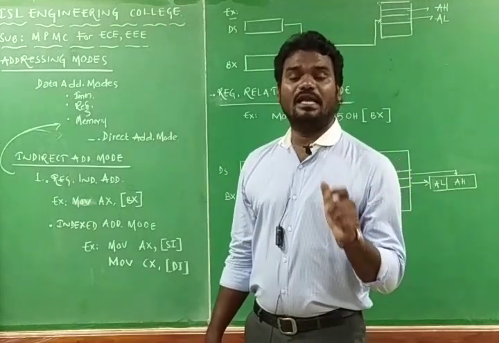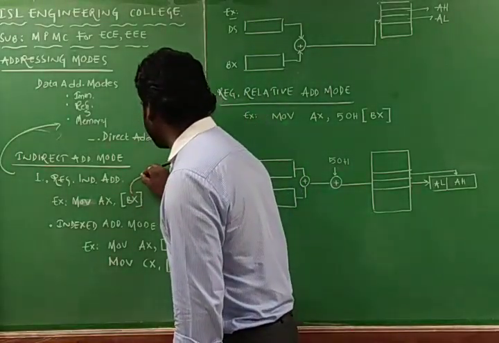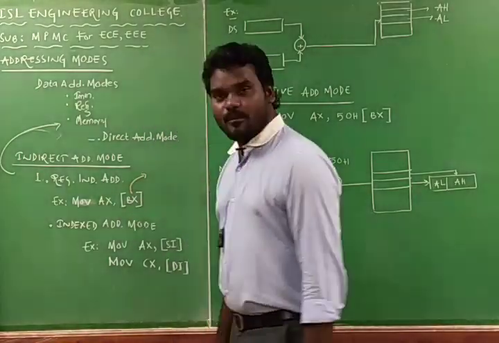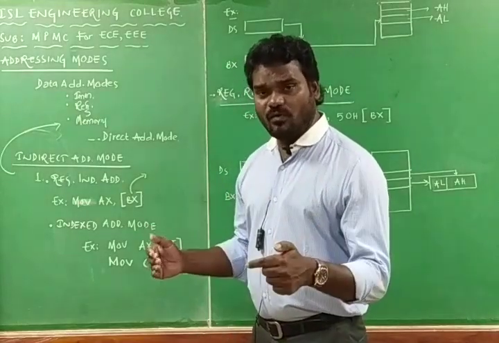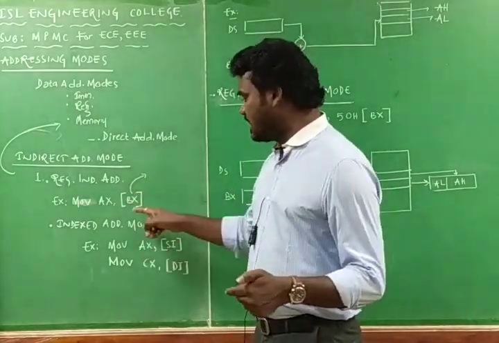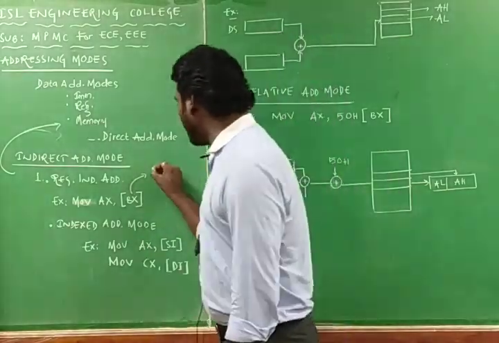That means it is giving the effective address or the offset address. This BX is a base register, 16 bits wide, and for this instruction we can find the offset address or effective address in it.